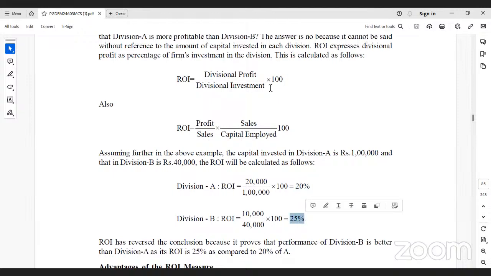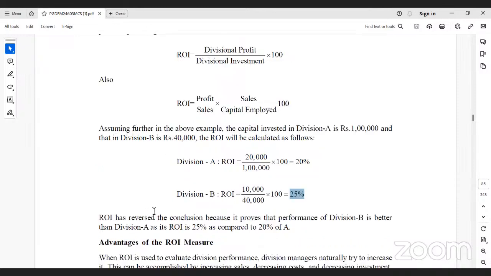So earlier we concluded division A is better than division B when we saw only profits. Once we see the ROI, B is better than A. ROI proves that the performance of division B is better than A, as its ROI is 25% compared to 20% for A.